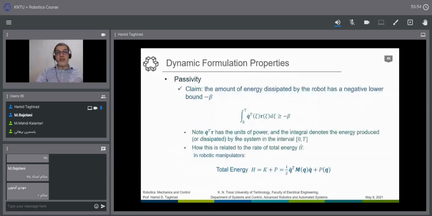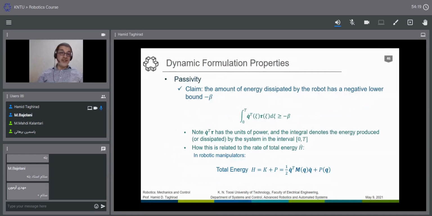property that I would like to mention here is the passivity property. This is for another part of control, nonlinear control for the system, passivity-based control. We can show that the amount of energy dissipated by a robot has a negative lower bound.